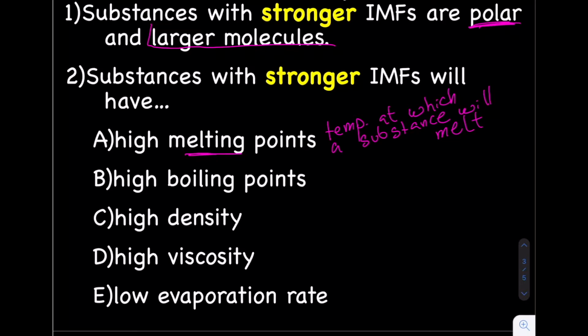Substances with stronger IMFs will have a high density, and density equals mass over volume. The way I like to think about it, it's how much stuff is packed into one small space. Something small and heavy would be more dense than something small and light, or big and light.